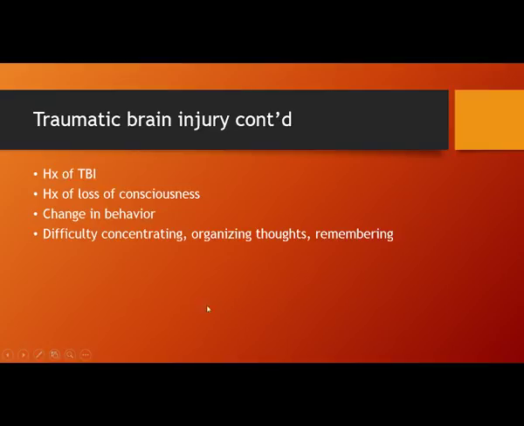Some of the things you would want to ask about in your assessment would be if they had a history of traumatic brain injury, but then you might also want to ask if they'd ever lost consciousness, because if you said traumatic brain injury, they might say, "Oh yeah, I played football, I got hit in the head all kinds of times," but they wouldn't necessarily consider that traumatic brain injury.